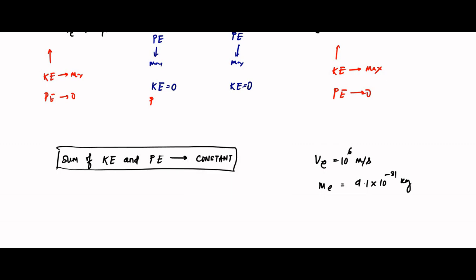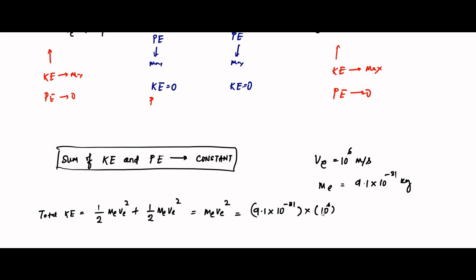So for this two charge system, the total kinetic energy will be equal to the kinetic energy of both the electrons, that is 1 by 2 mv square for electron 1 and again 1 by 2 mv square for electron 2. That equals mv square, which is 9.1 into 10 to the power minus 31 into 10 to the power 6 square, which comes around 9.1 into 10 to the power minus 19 joules.